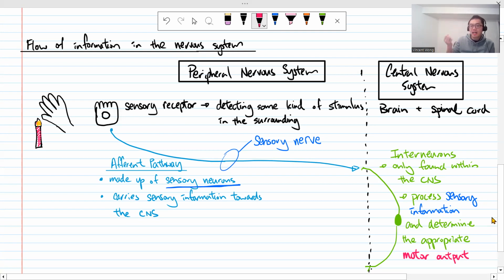It's going to analyze the sensory information and decide what to do with it. Sometimes the appropriate thing is to do nothing about it. Okay.